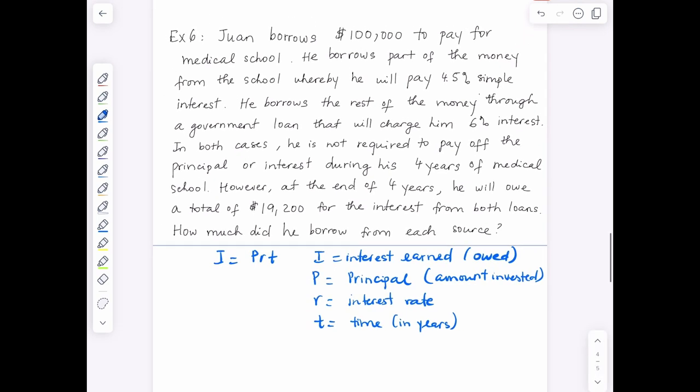Now, let's look at the problem again. Juan borrows 100,000 to pay for medical school. Part of his money will go to one account that has 4.5% interest, and then the rest of the money will go to another account that has 6% interest.